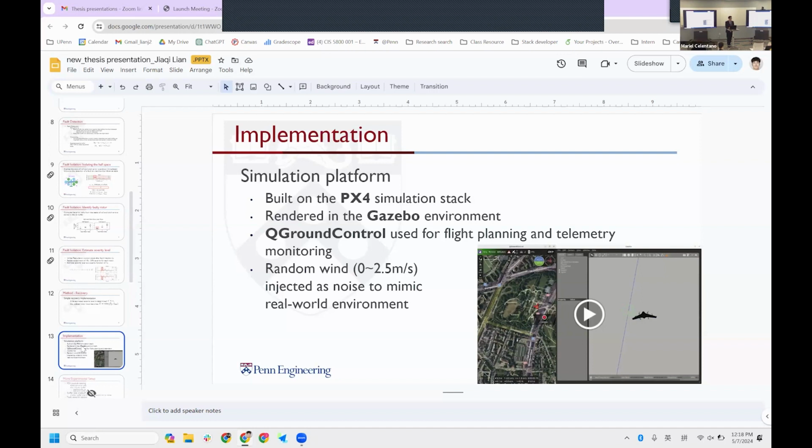Also, in our future work, I have mentioned that when the model is changed, the parameters of our FDI algorithms are highly likely to change. So we do consider it a question for our future work.